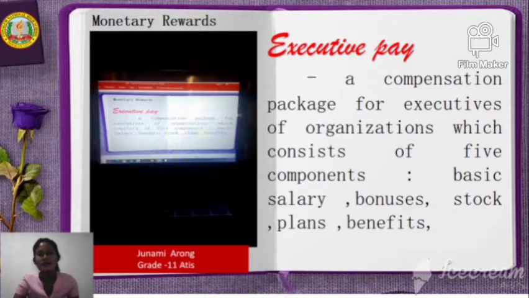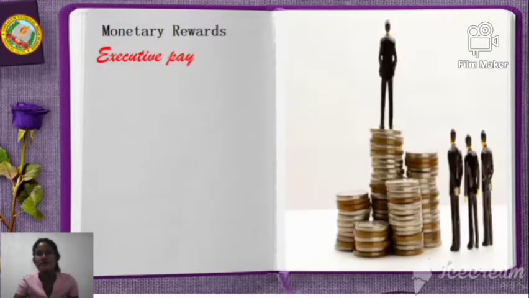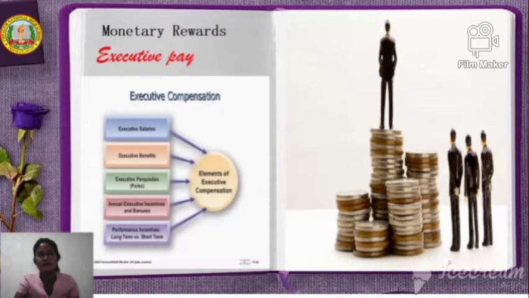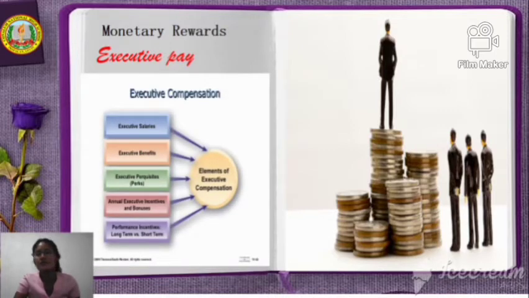So when we say executive pay, of course the employees have their salaries, their bonuses, their incentives, and so do the employer, or the bosses. So we have the executive compensation. These are the compensations for the executives.